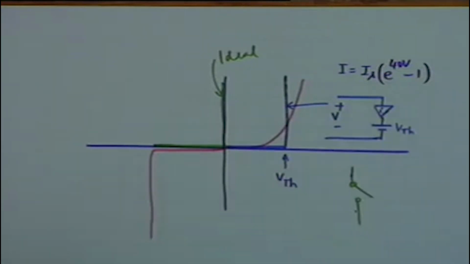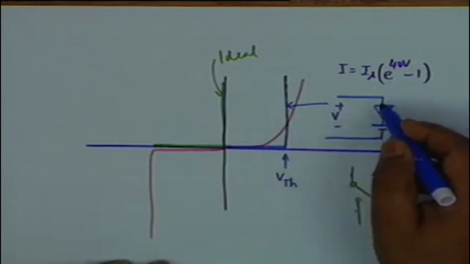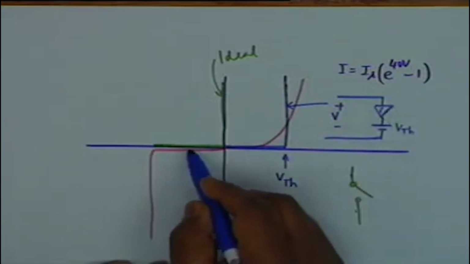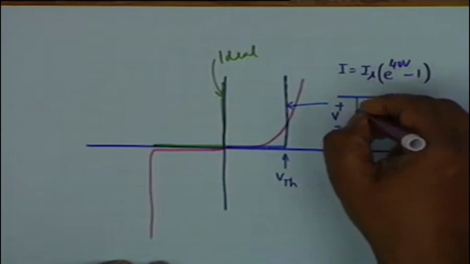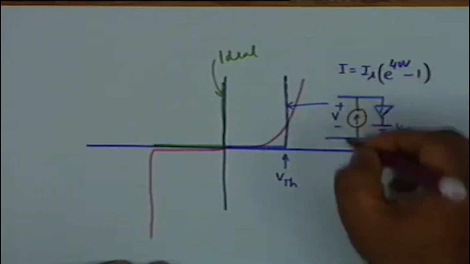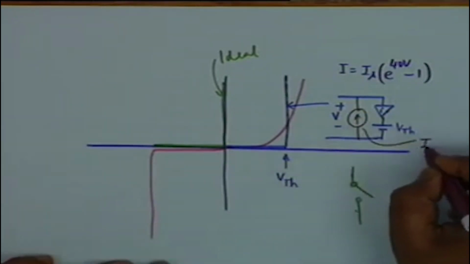Now what happens in the reverse direction? This diode does not conduct in the reverse direction, isn't that right? If the polarity of V is reversed, there is no current flow. Now to account for the current flow in the reverse direction, that is the reverse saturation current, we can, if we so desire, modify this to include a current source here whose value is equal to Is.